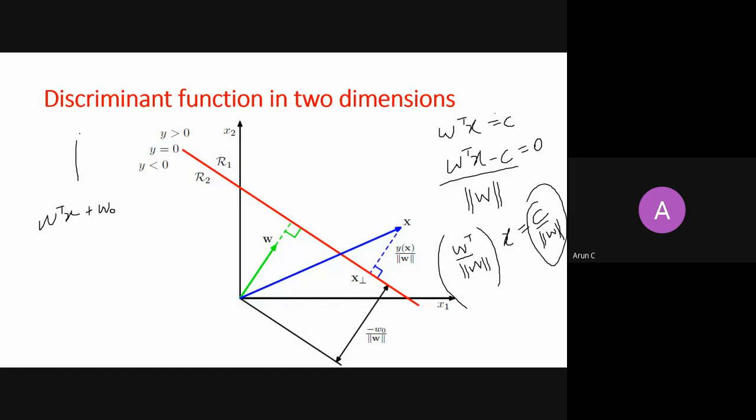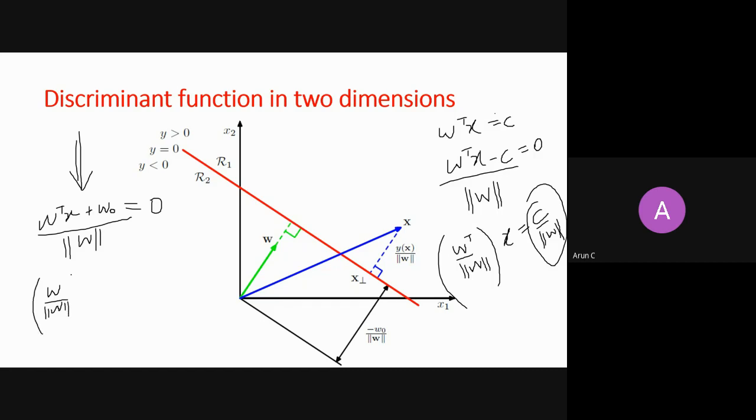For this equation, I can put the hyperplane equation equal to 0. If it is not normalized, I need to divide it by the norm of W, right? When I divide it by norm of W, I just take the projection, which is W upon norm of W, a unit vector, right?